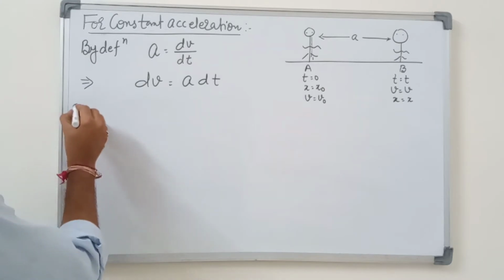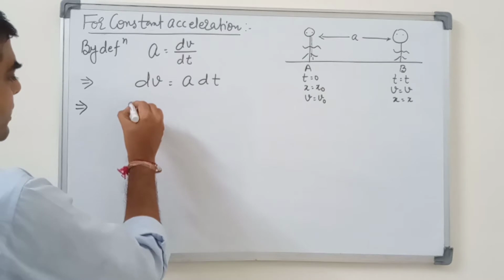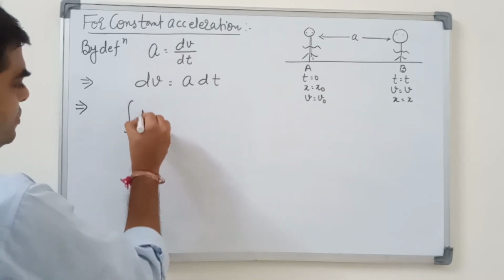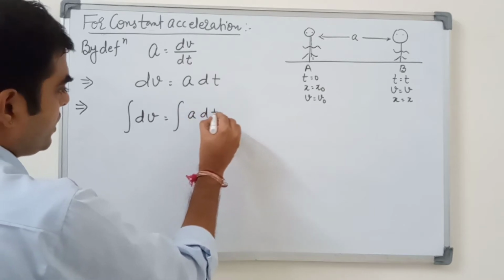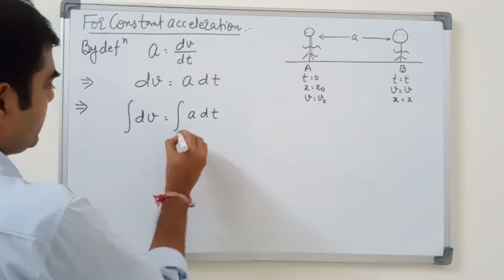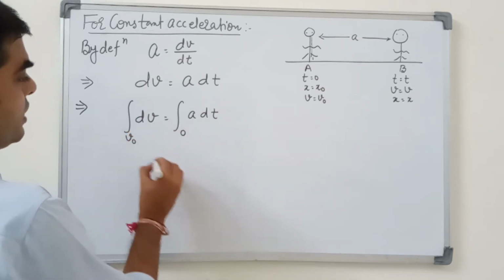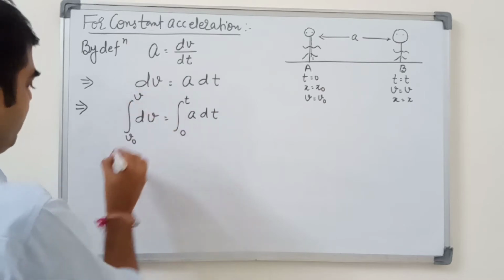Now taking the integration on both sides, the integral sign is introduced here: integral of a dt. Now put in the limits. First, at t is equal to 0, the velocity is v naught. At t is equal to t, the velocity is v, the final velocity.